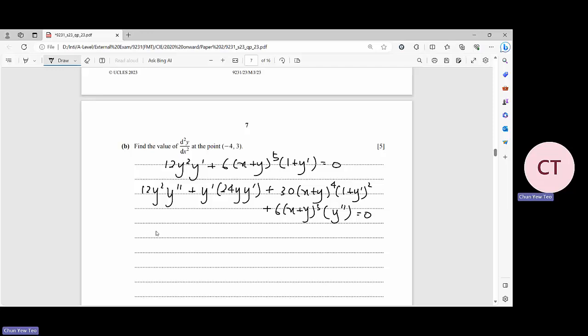So I still don't plan to simplify them. I just straight away write at this point, my y prime or the dy/dx is 1 over 17. So just need to substitute them inside here.